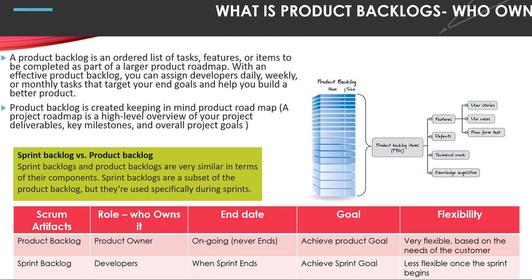Let's begin. In Agile development, a product backlog is an ordered list of deliverables, such as new features, that should be implemented as a part of the project or product development.